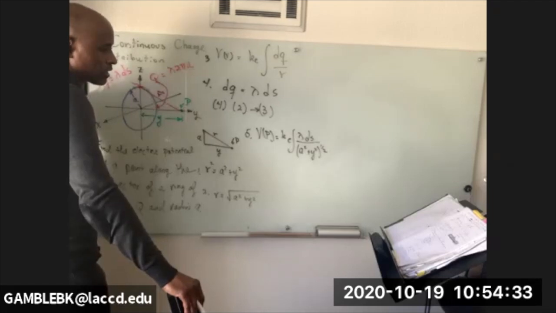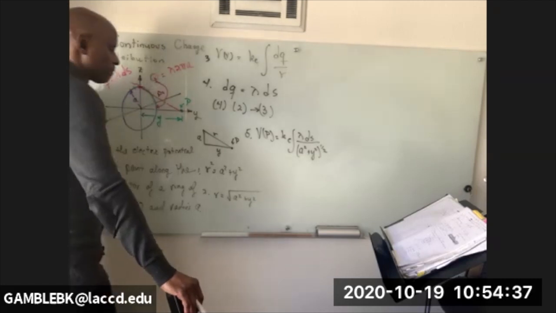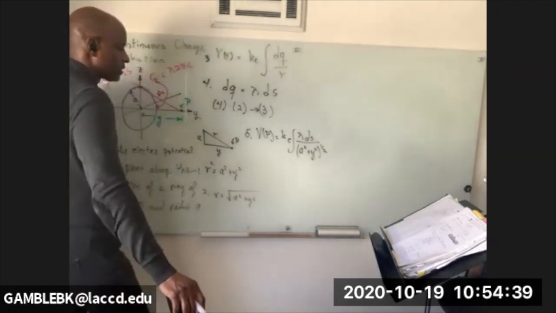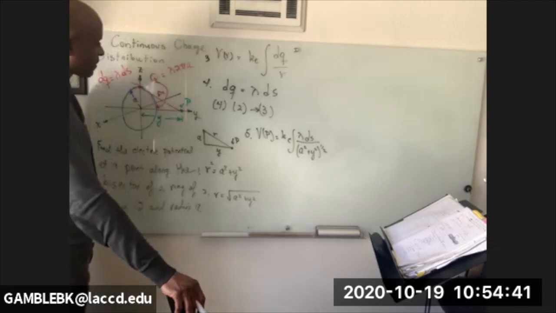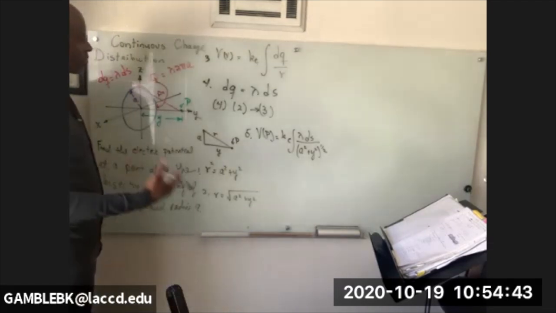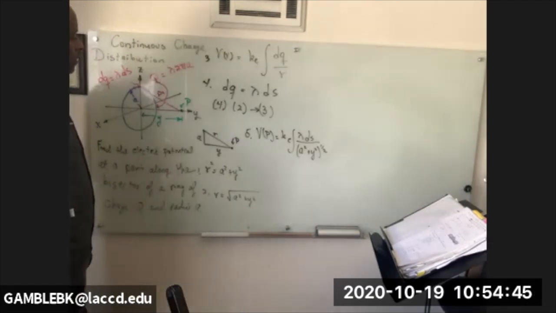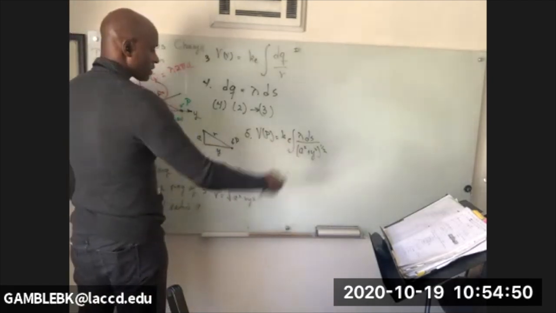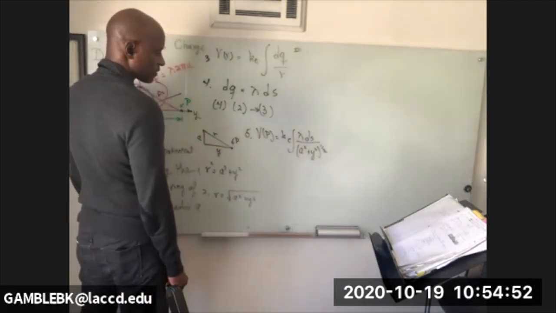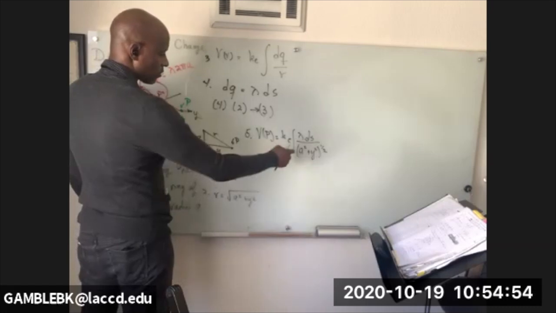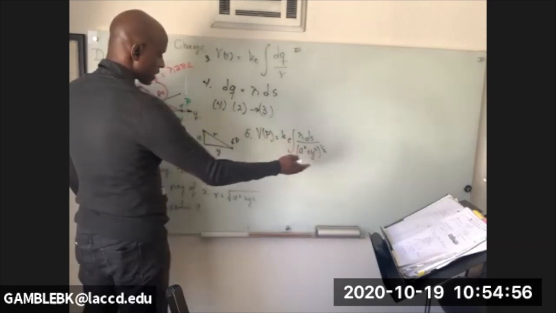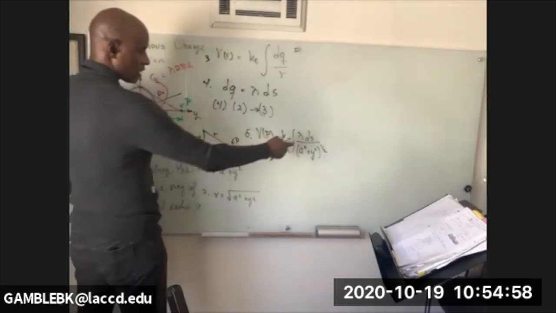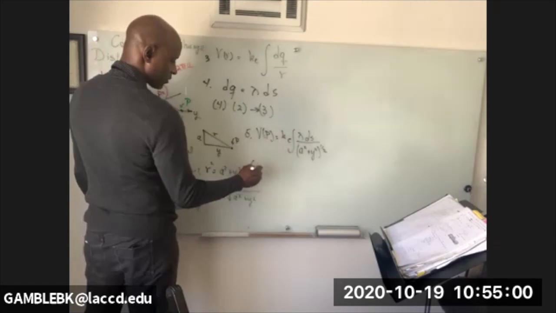It's going to look like a trivial integral, actually. It is trivial. It just shows you how much easier potential is than the field. All this stuff is really constant except for ds, right? So a is constant, y is constant, lambda is constant, it comes out of the integral.